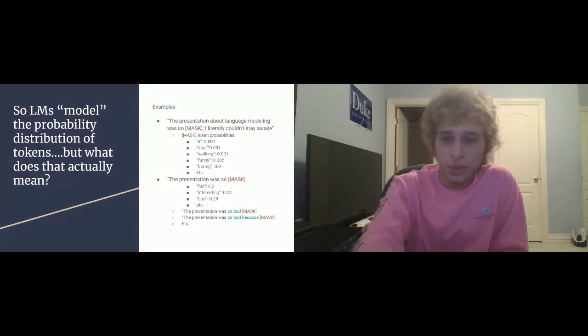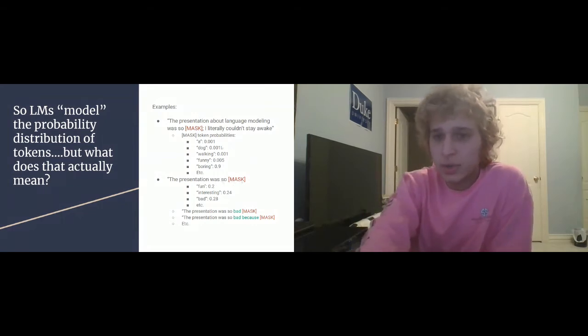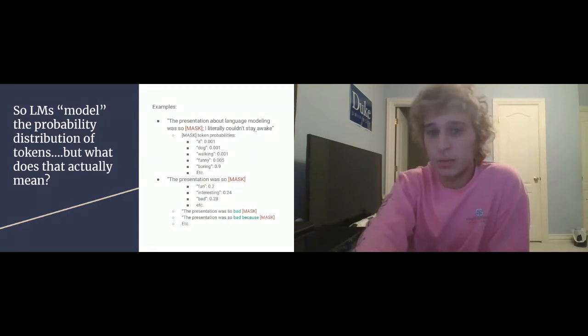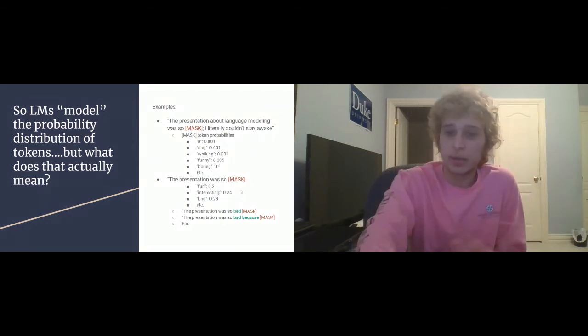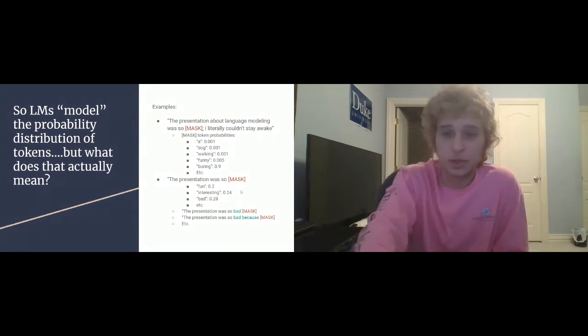Here's another example where, instead of the mask token being in the middle of the sentence, the mask is at the end. Now we don't have "I literally couldn't stay awake." Since we just have "The presentation was so [MASK]," the model isn't going to really know what should go there, because it doesn't have any extra information about whether the presentation is good or bad.